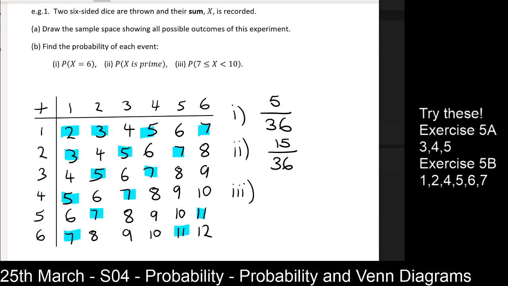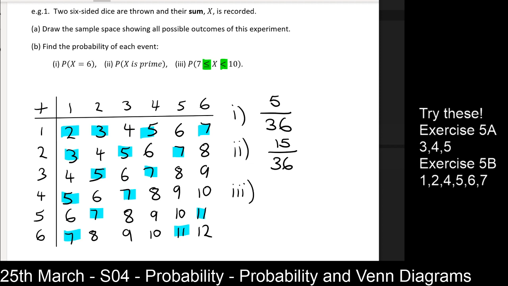And then finally, I've got the probability that X is between 7 and 10: 7 less than or equal to X, which is less than 10. Now, with normal distribution, you might have heard me say it doesn't matter about less than or equal to, or greater than or equal to. That's because when we do normal distribution, we're talking about continuous data. But here I've got discrete data.